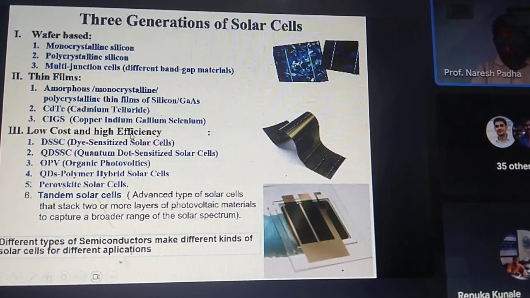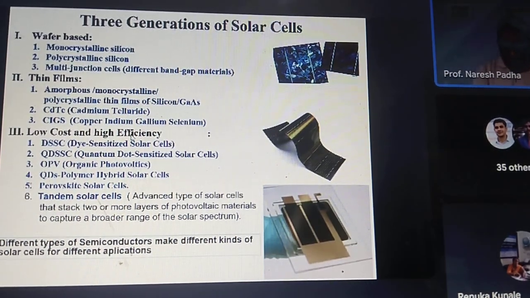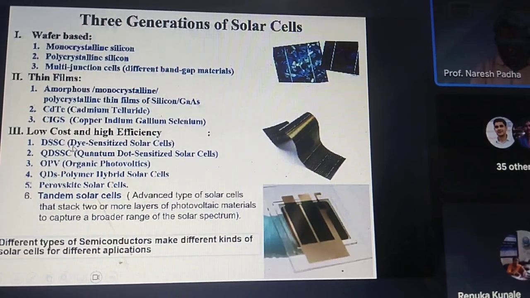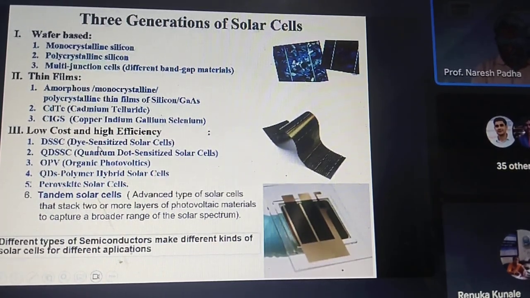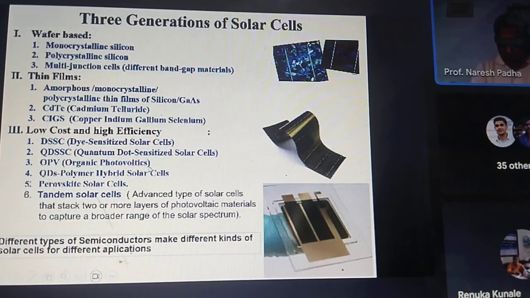There is another category of solar cells which is known as the low cost and high efficiency solar cell category. This includes dye sensitized solar cells, quantum dot sensitized solar cells, organic photovoltaics, quantum dot polymer hybrid solar cells, perovskite solar cells, and tandem solar cells.